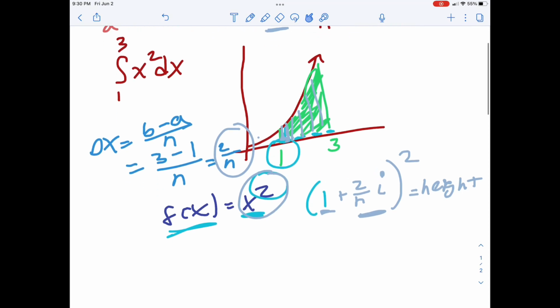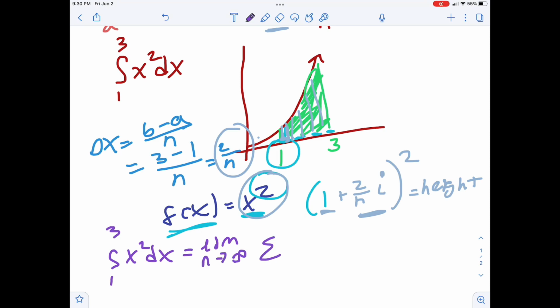So now we're ready to actually put this definite integral in the form of a Riemann sum. So if I have the integral from 1 to 3 of x squared dx, well, I can say that that is equal to the limit as n goes to infinity of the sum from i equals 1.